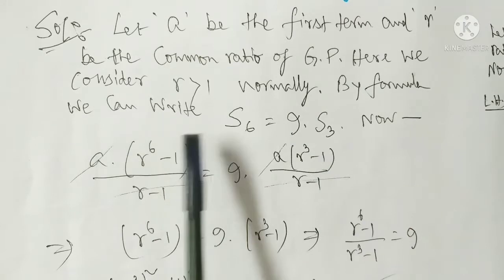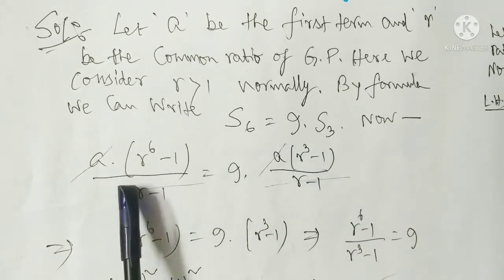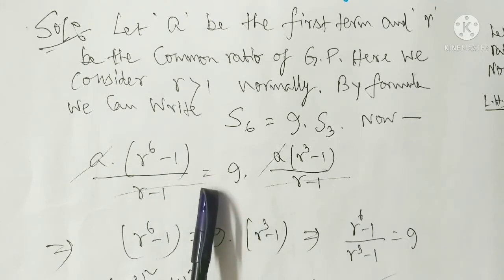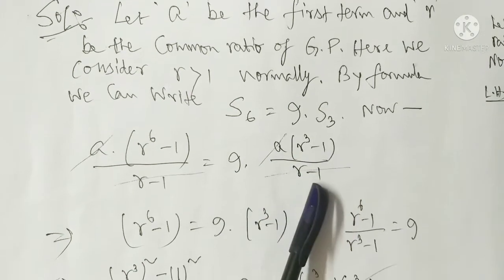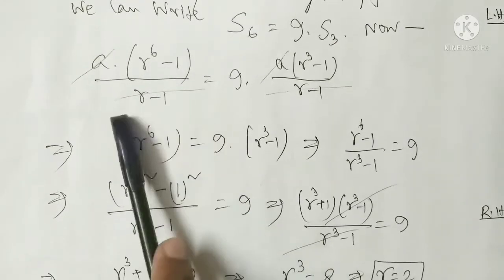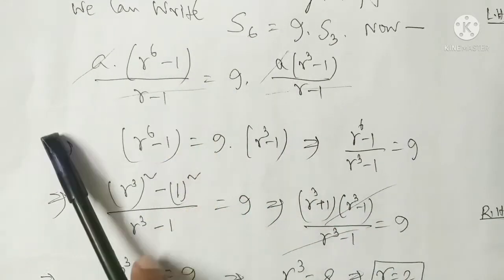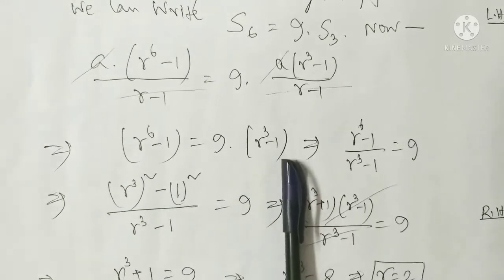By the formula we can write S6 equals 9 S3. Now A into r to the power 6 minus 1 by r minus 1 equals 9 into A into r cube minus 1 by r minus 1. This implies that r minus 1 cancels and A cancels, so r to the power 6 minus 1 equals 9 into r cube minus 1.